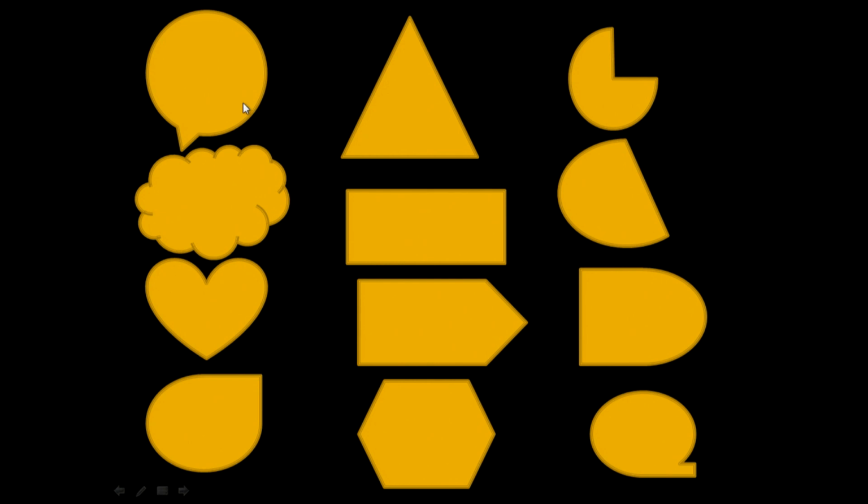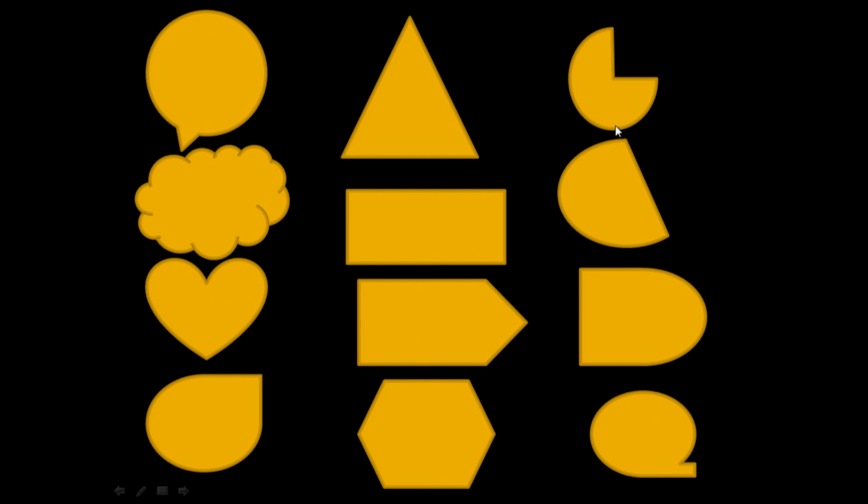See, here I have made some closed shapes for you. In the first column, I have used only curved lines to make the closed shapes. But in the second column, I have only used straight lines or line segments to make the closed shape.